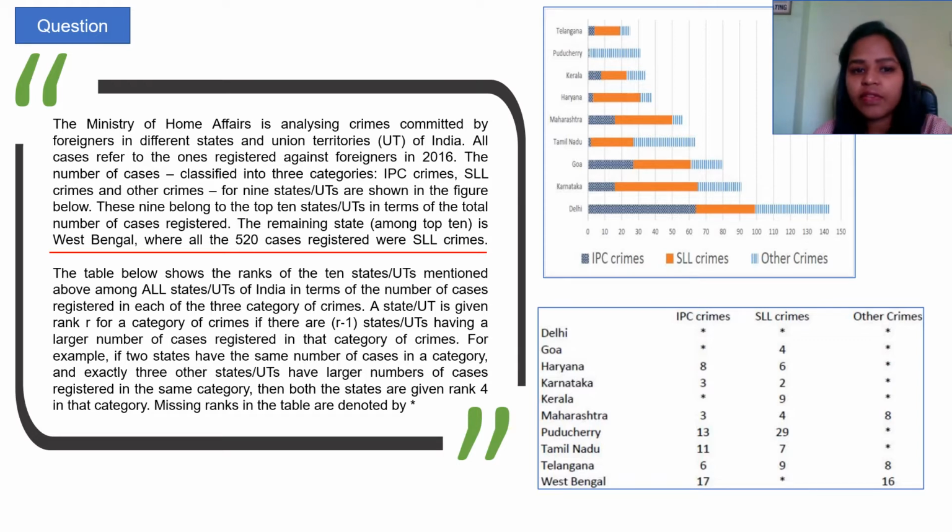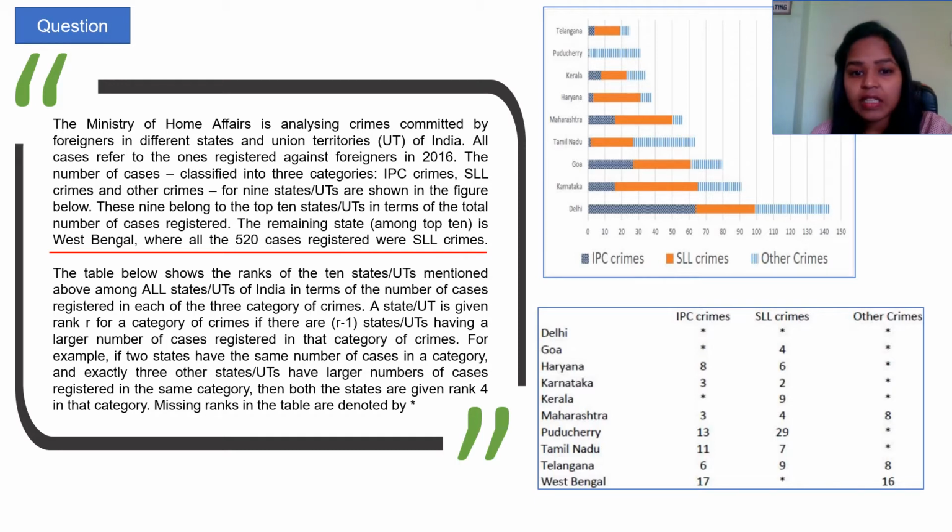The table below, the second table here, shows the ranks of the 10 states or UTs mentioned above among all states or UTs of India in terms of the number of cases registered in each of the 3 categories of crimes. So the second table takes into consideration all of the states and UTs of India, not only the above 9 or 10, right?